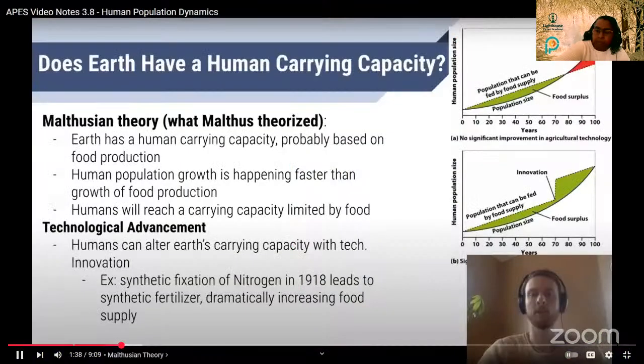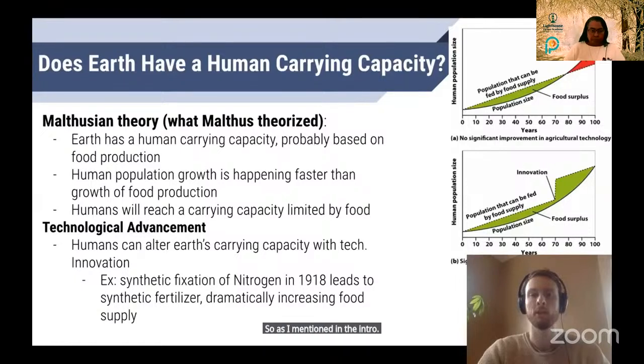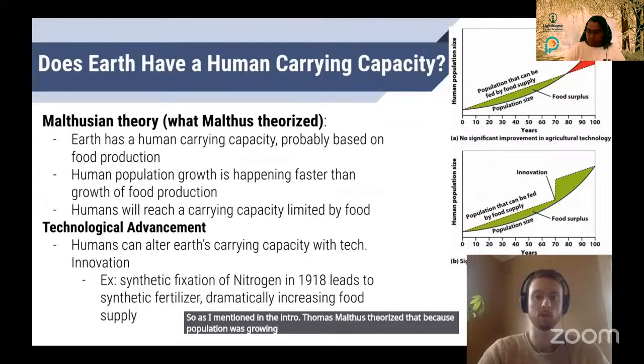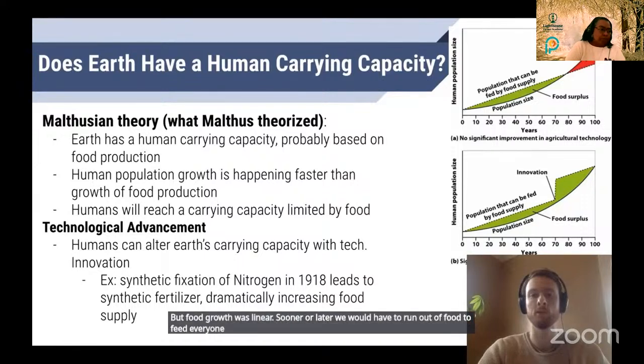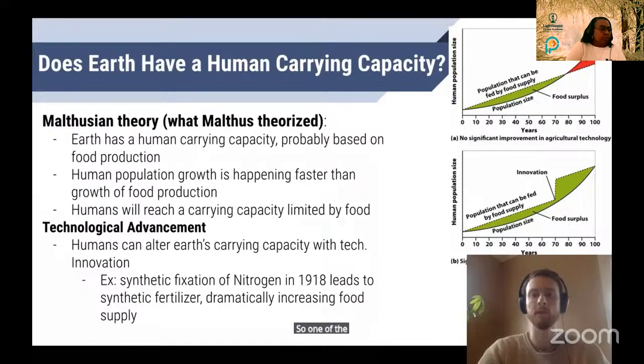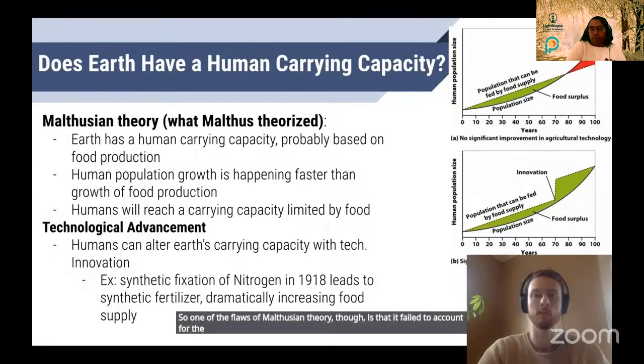As I mentioned in the intro, Thomas Malthus theorized that because population was growing exponentially, but food growth was linear, sooner or later we would have to run out of food to feed everyone, which would impose a carrying capacity on Earth's human population. One of the flaws of Malthusian theory, though, is that it failed to account for the idea that technological advancements could increase our food supply.